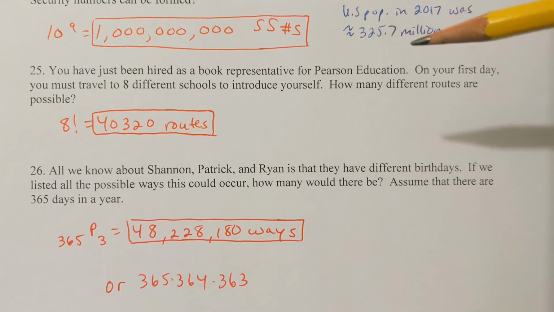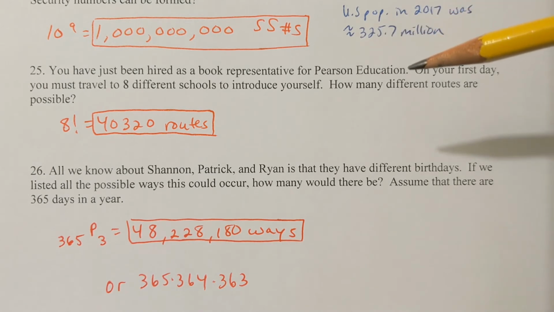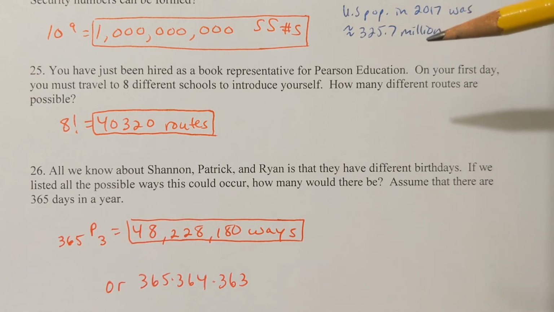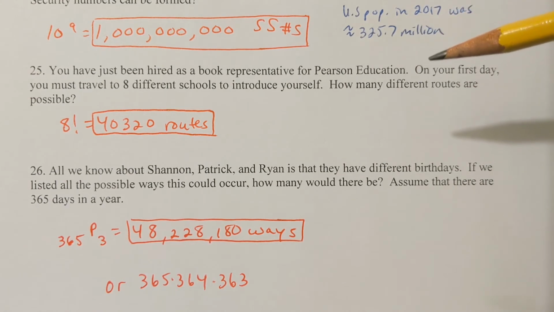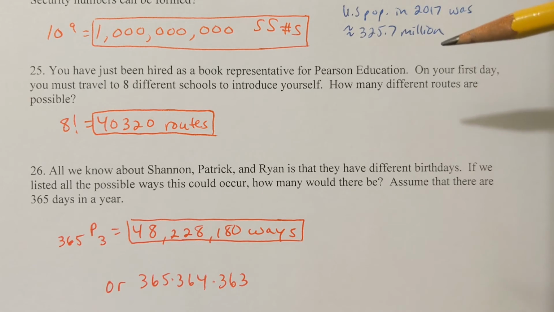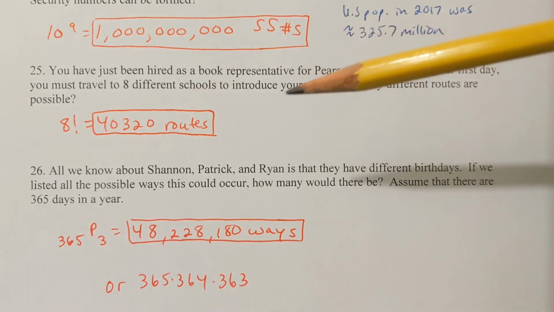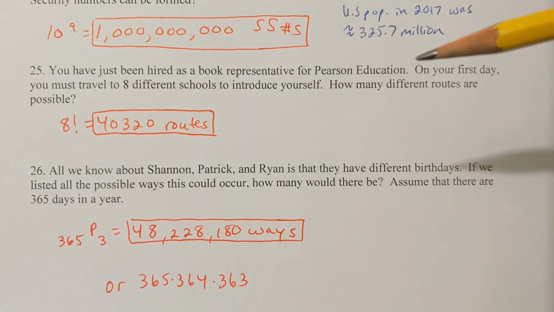And then once you've been to a school, you're not going to go back to that same school. You've already been there, right? So 7 schools remain. Go to one of the 7, and then 6 schools, go to one of the 6, and then 5 schools, go to one. Well, that'd be exactly 8 factorial. 8 factorial, using your calculator, gives you 40,320 different routes that are possible.